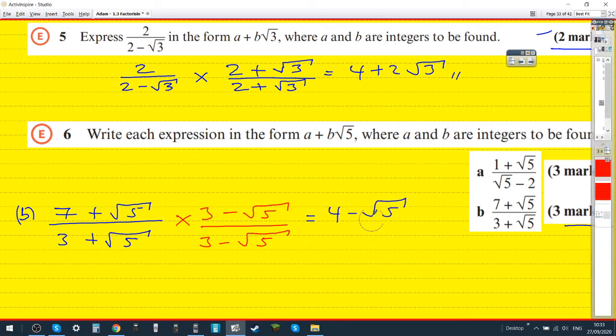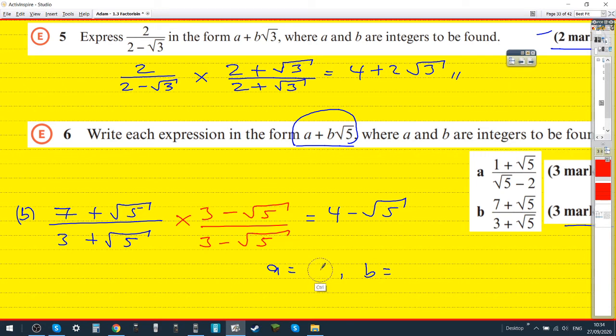What is A? What is B? It's 2 and 2. Would it not be? How did you get 2 and 2? I don't know.